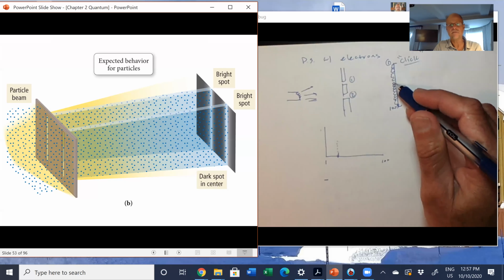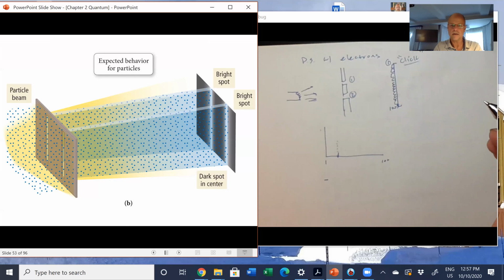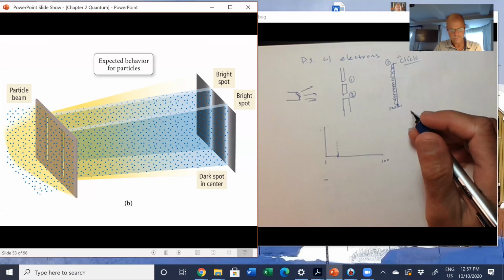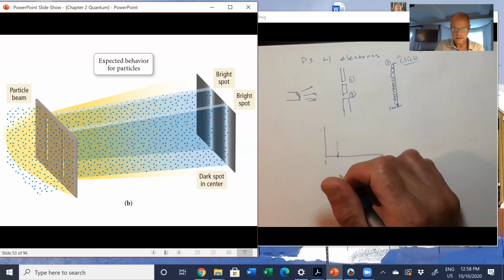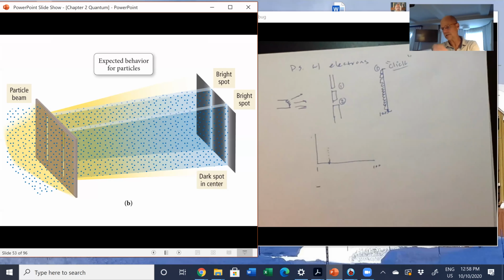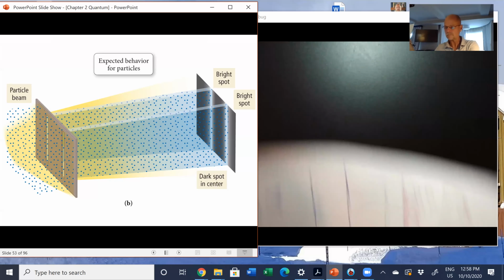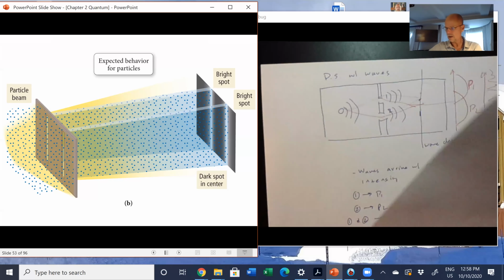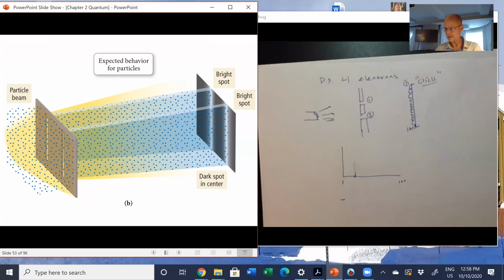What does that remind you of that we've seen already? Billiard balls, right? You either get a billiard ball or you don't. You either get an electron or you don't at this array of detectors. So what do we say for the billiard balls? They arrive as whole identical particles, and we're going to say the same thing for the electrons.